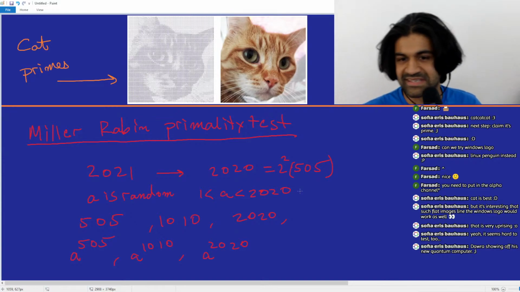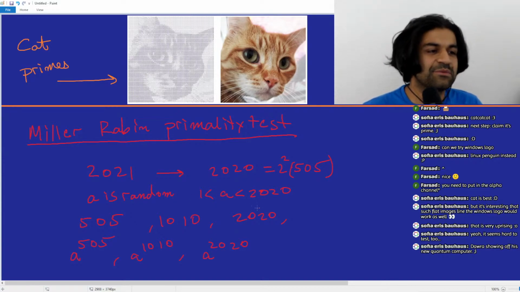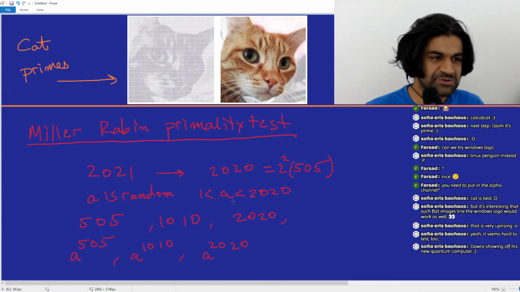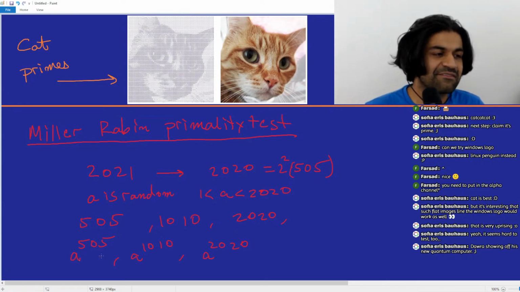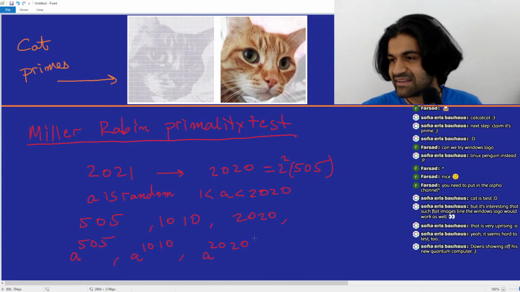Okay, is the idea. So I'm picking A as a random number between 1 and 2020, and then I will consecutively raise A to 505, A to 1010, and A to 2020.